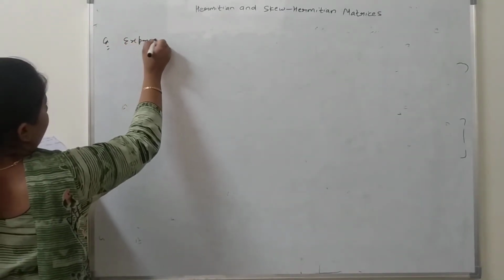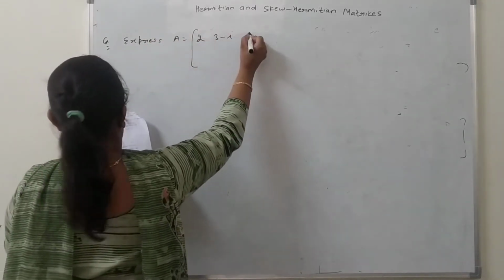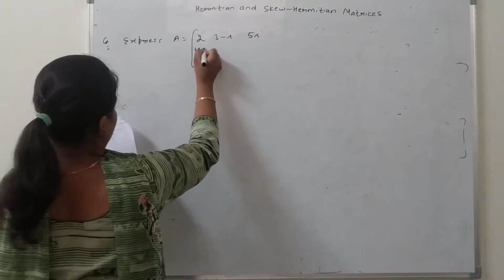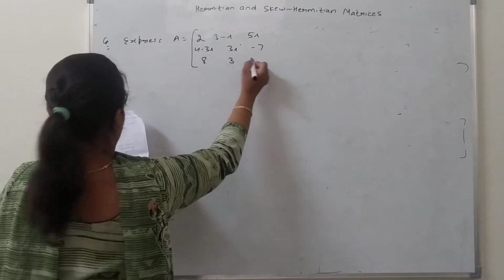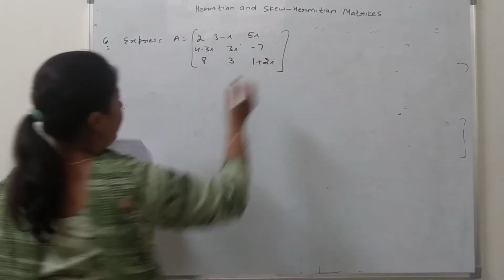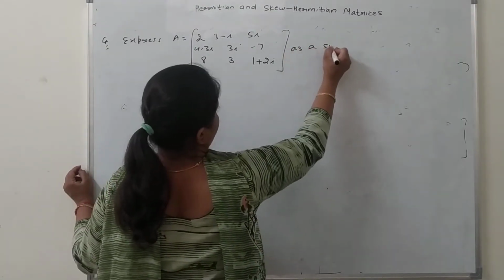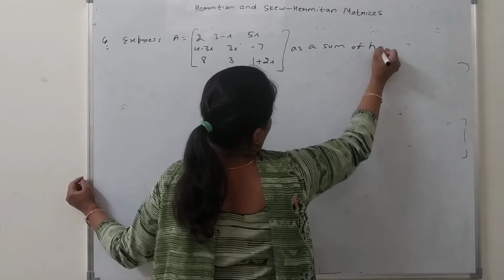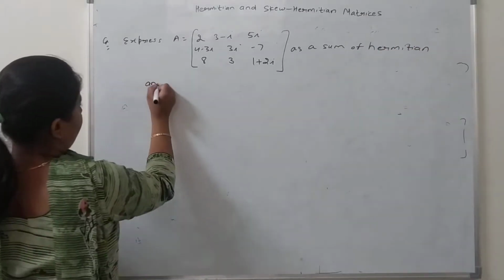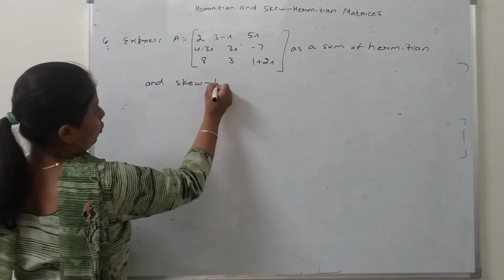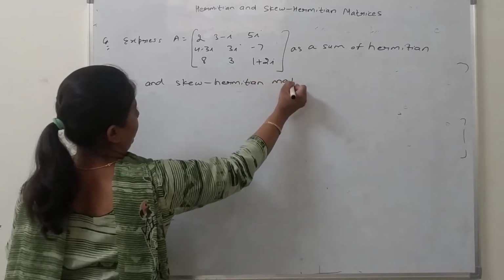Express this matrix A as a sum of Hermitian and skew Hermitian matrix.